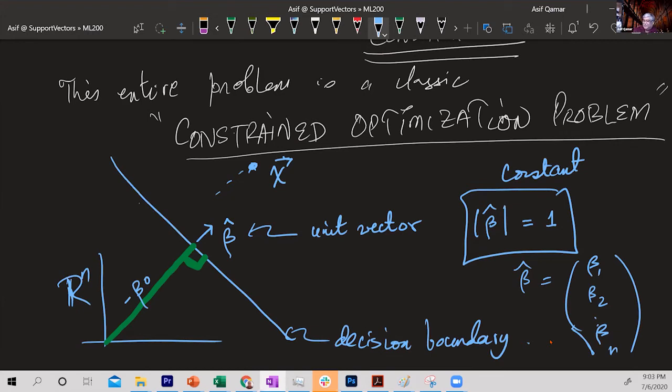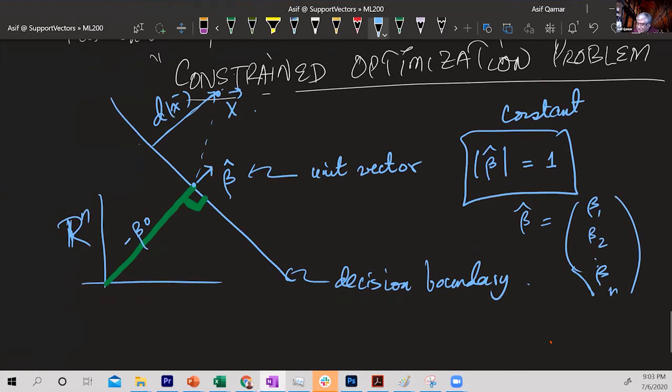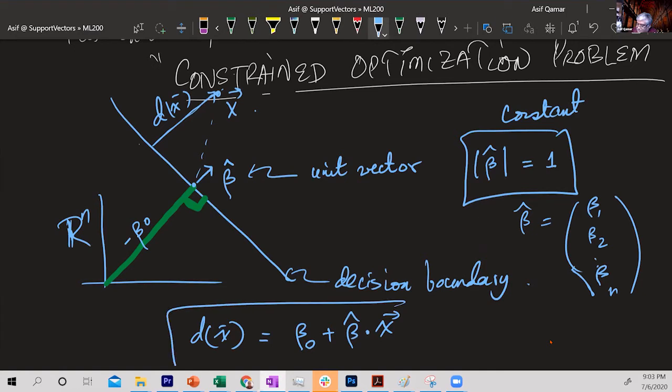And so we came to the conclusion that if you take a point x, here, and you want this distance, the distance of x from the decision boundary, this is given by the result that we had. Distance of a point from the decision boundary is beta naught plus beta hat dot x. Isn't it? The distance function.